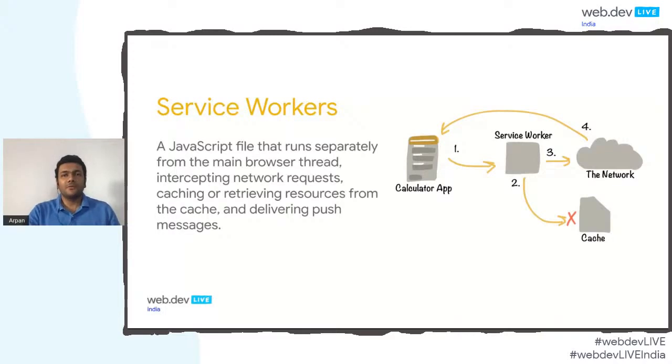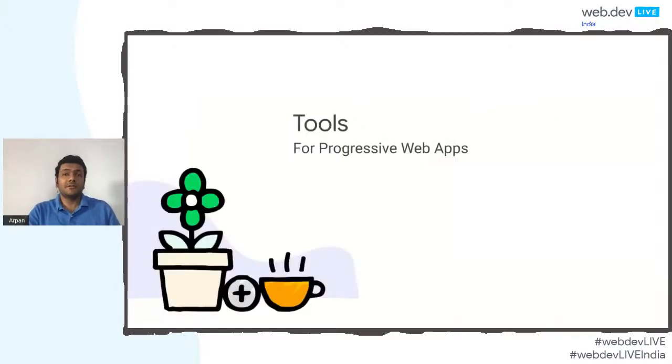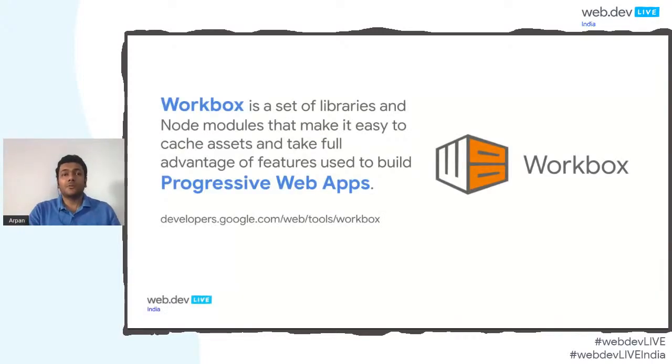Okay, cool. So what are the tools that I can use for a service worker? Well, first one is Workbox. Workbox is a set of amazing libraries that make your job easy when operating with the service worker.